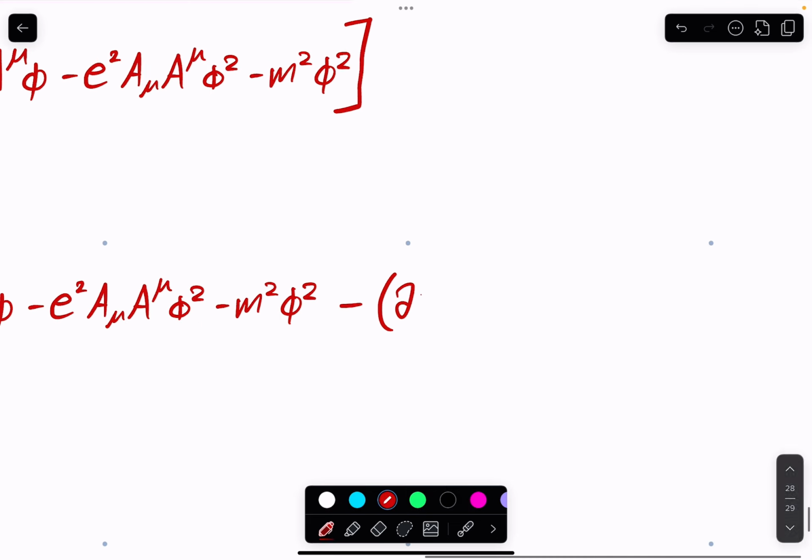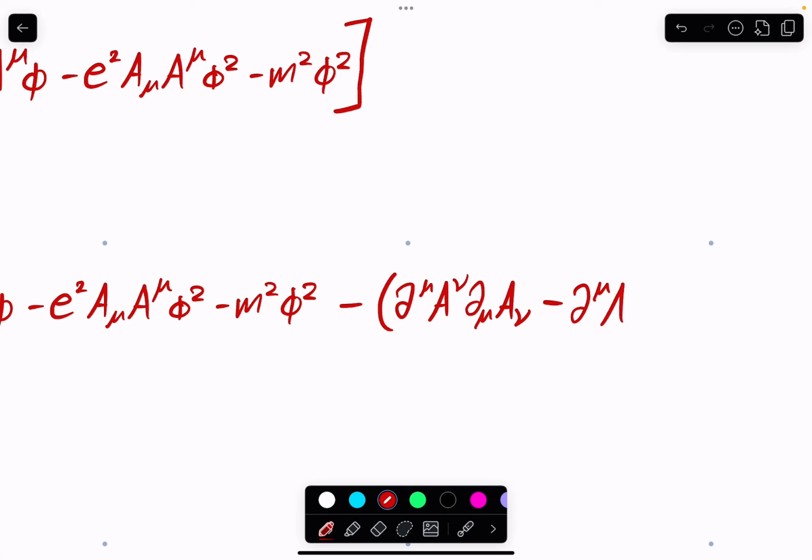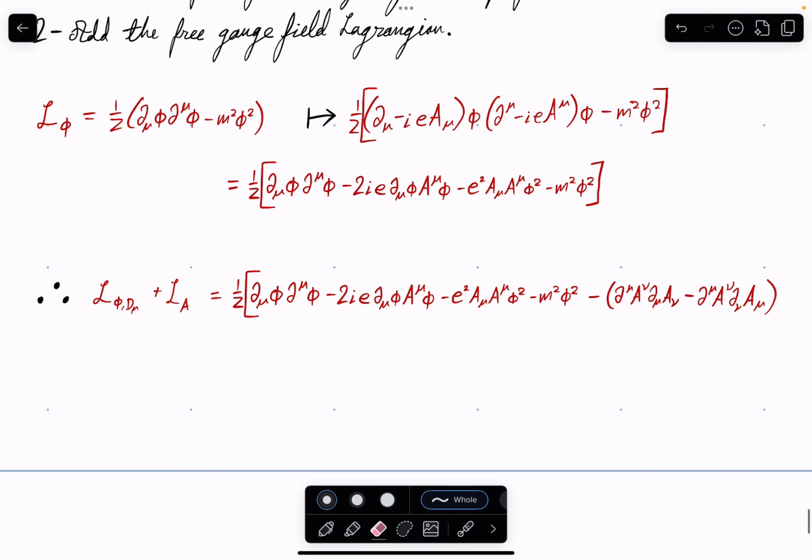So we get partial mu A nu partial mu A nu minus partial mu A nu partial nu A mu, and then close it off. And this is the gauge interaction.